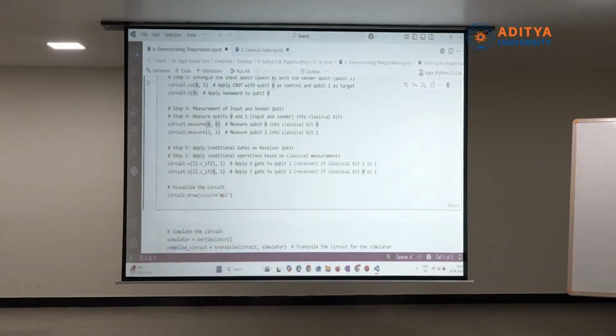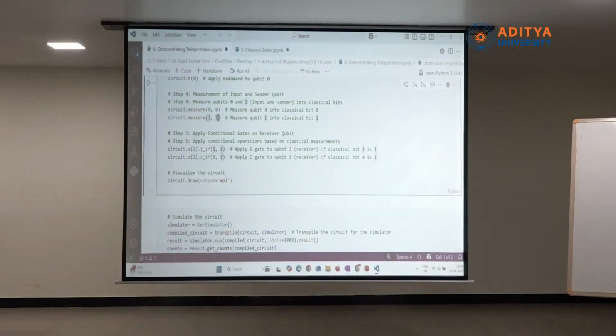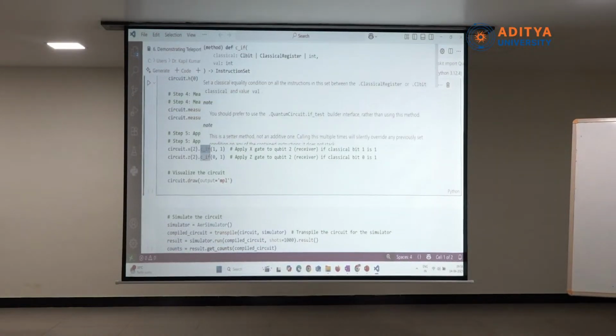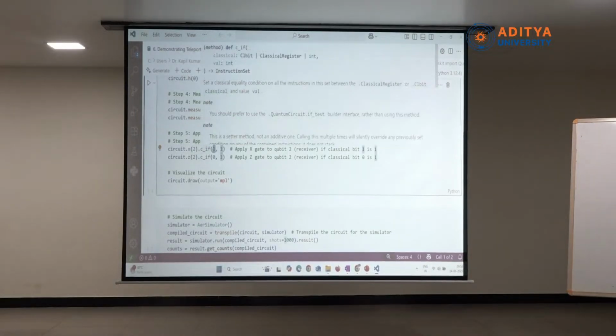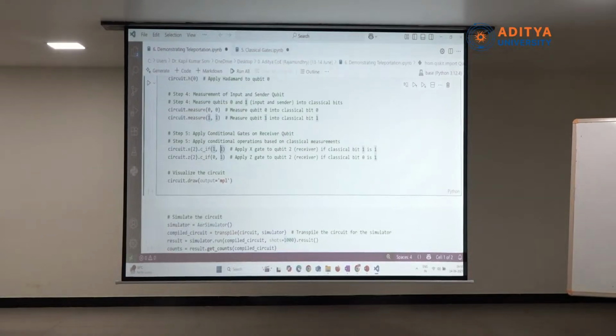So now we are measuring the 0th index qubit into the 0th classical bit and the 1st index qubit into the 1st classical bit. Clear? Now after that, this is the checking of the circuit, whether this information is received at the 2nd index qubit. Once you measure your 1st index qubit, if it is 1, it is written already when to apply the X gate to the receiver qubit.